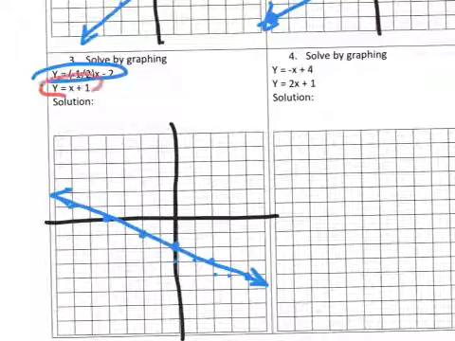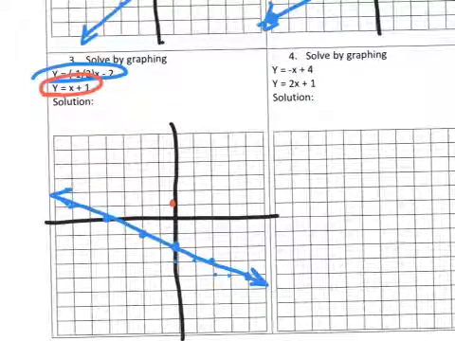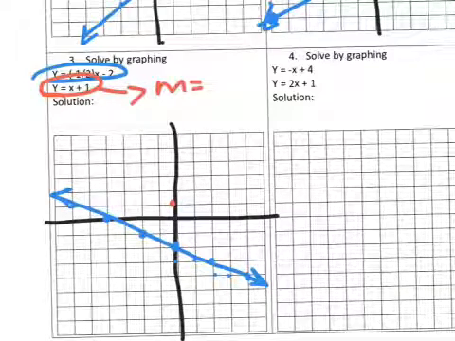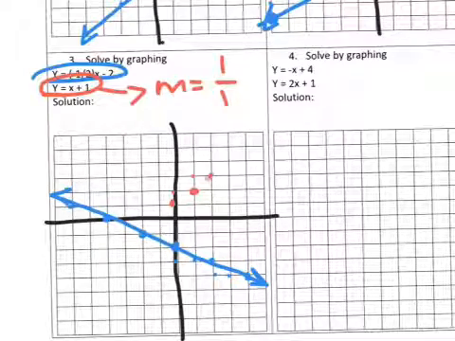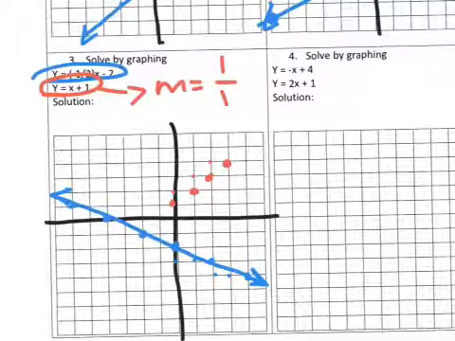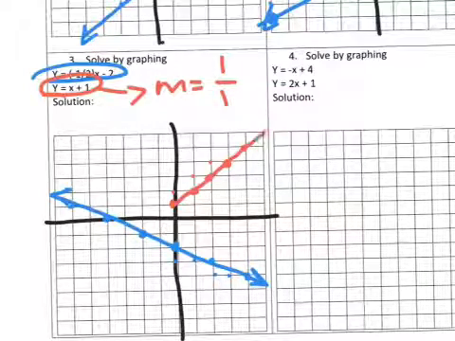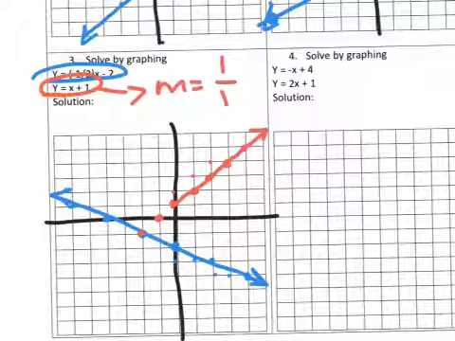And then I have a y-intercept of 1 and a slope of positive 1. So for this one, we're going to go 1 over 1. So up 1, right 1, up 1, right 1, up 1, right 1. And I see that if I'm just drawing my line like this, they're not yet crossing. So I have to continue that pattern backwards. Cool.